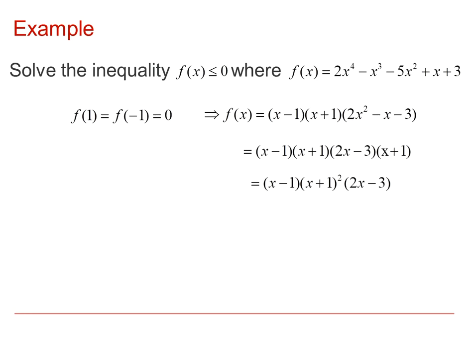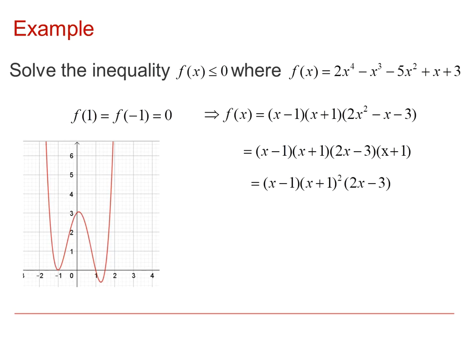Because we've got a repeated root, it's going to touch the axis at negative 1, and then we'll cross the axis at plus 1 and 3 over 2. It's a quartic equation, so it has the standard shape of x to the power 4, and we can see it looks like this.